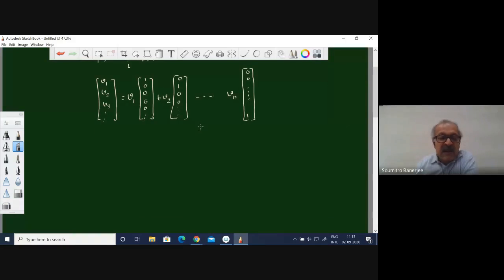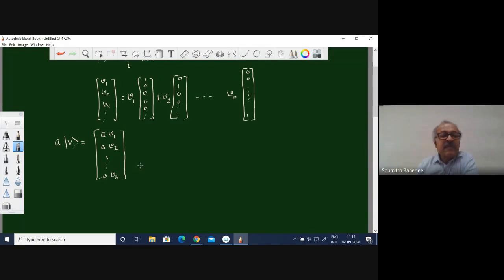Now, if you have a constant A times this vector V, then effectively this is A V1, A V2, and so on, A Vn.